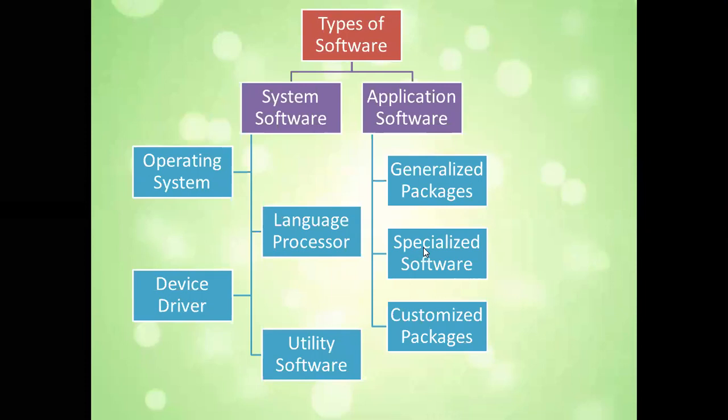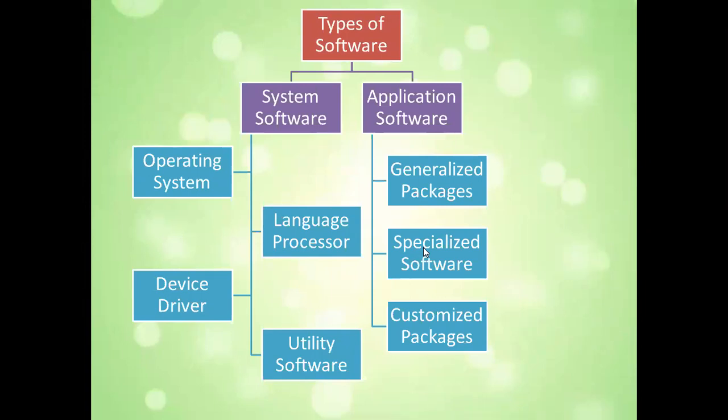Like suppose I go to McDonald's, the software which they are using for checking their stocks and doing their billings is customized software. Now if I open a Walmart or a shopping mart, I cannot use a software which is designed for McDonald's, because my requirement is maybe something different.